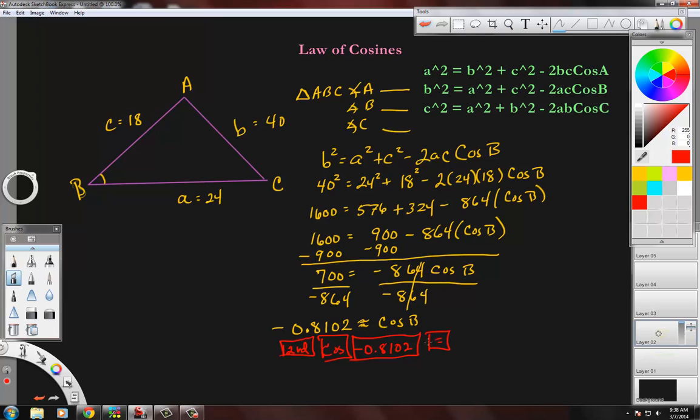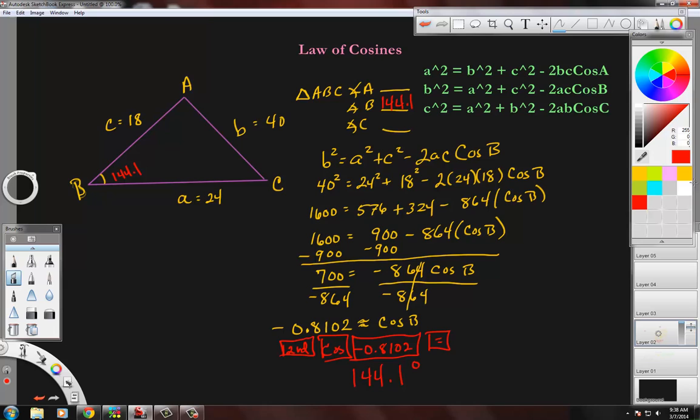And that equals 144.1 degrees. So up here, we can write victoriously 144.1, or right here, 144.1.